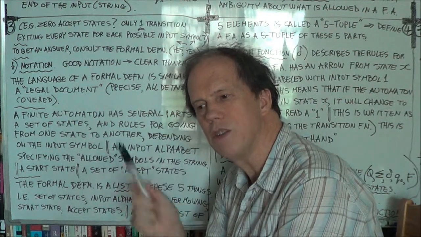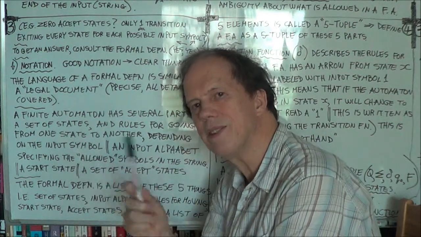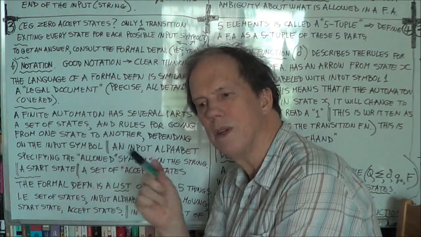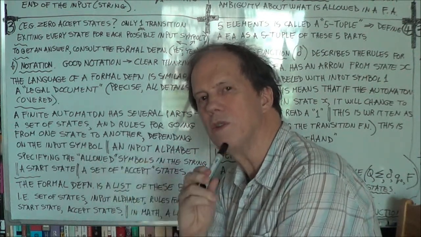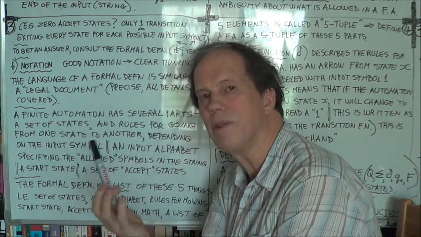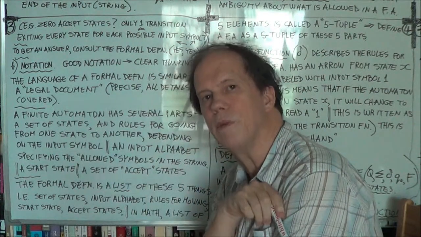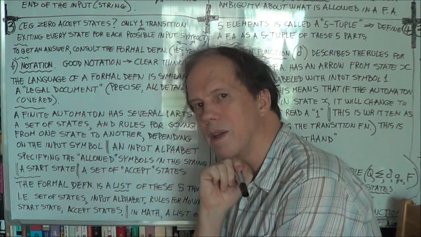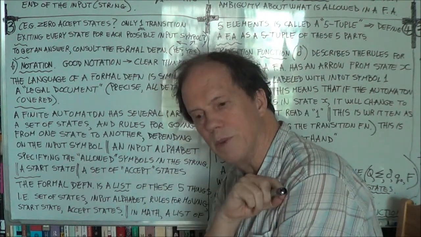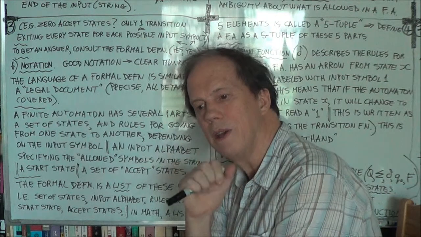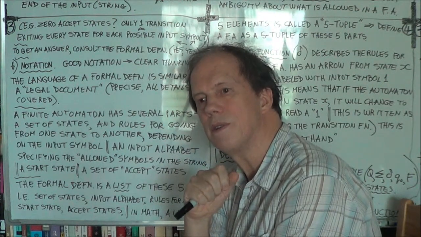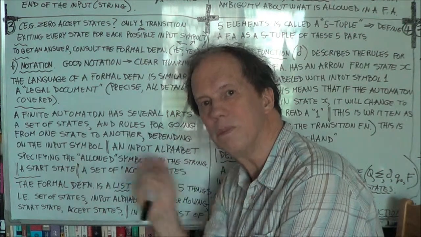Can you transition to more than one other state? Say you could transition to two different states, so you'd have two arrows going out. Is that allowed? Well, consult the formal definition and you'll find that it is not allowed. And consult the formal definition and you will find that zero accept states is allowed by the definition.